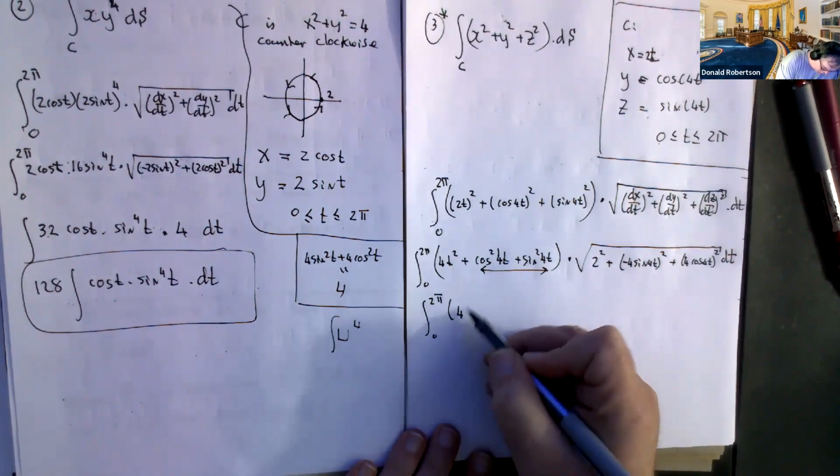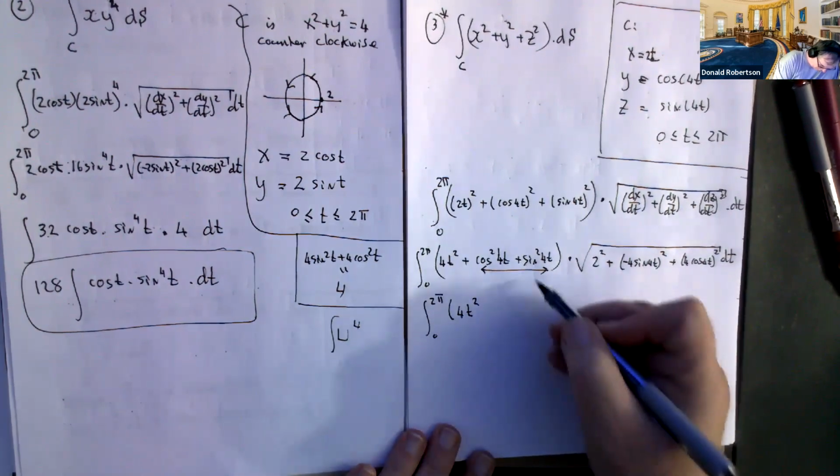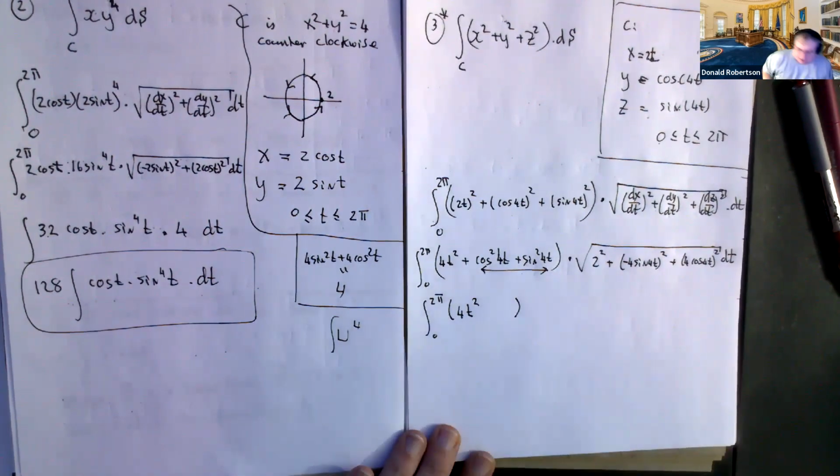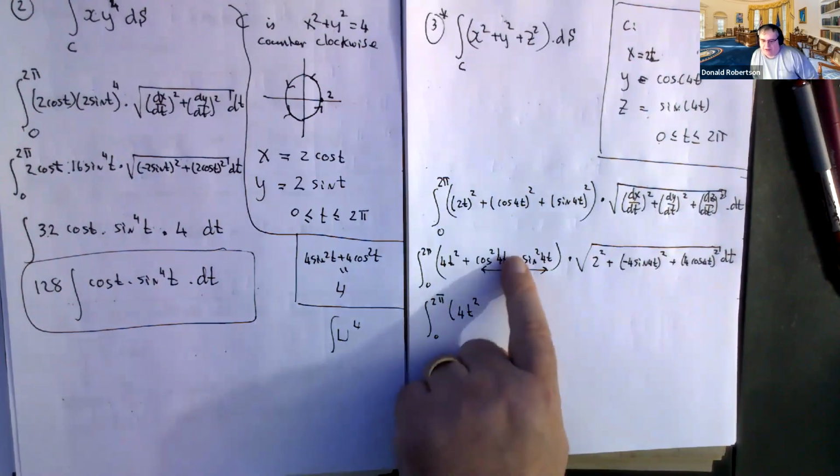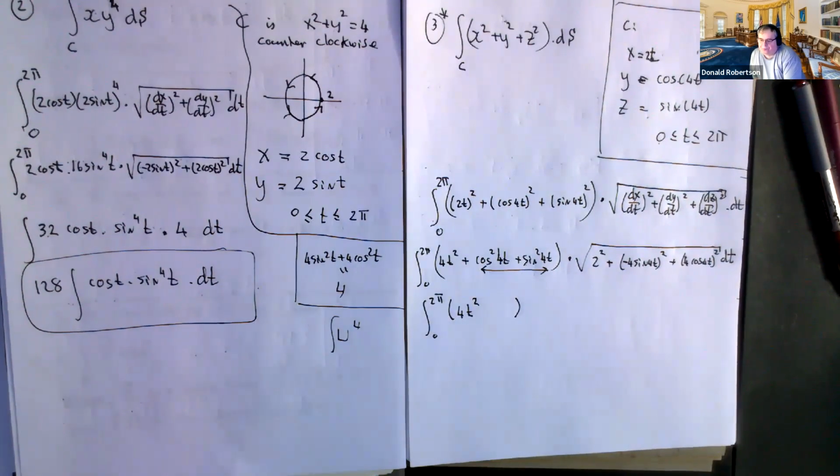It might not look the usual way for this to look, but nonetheless, that thing simplifies. Sine squared 4t plus cos squared 4t is equal to a number, and it's equal to the number 1.